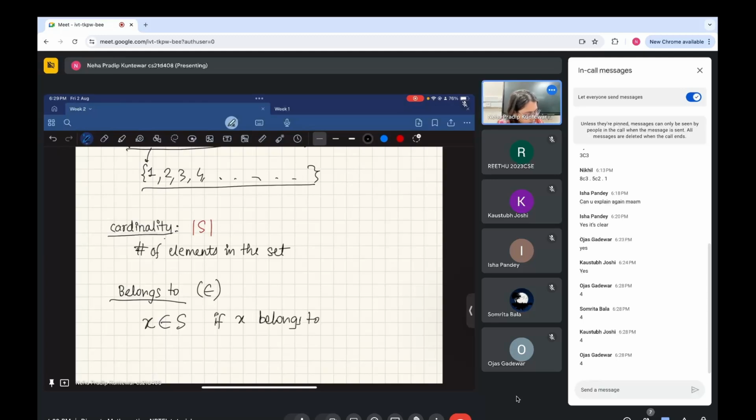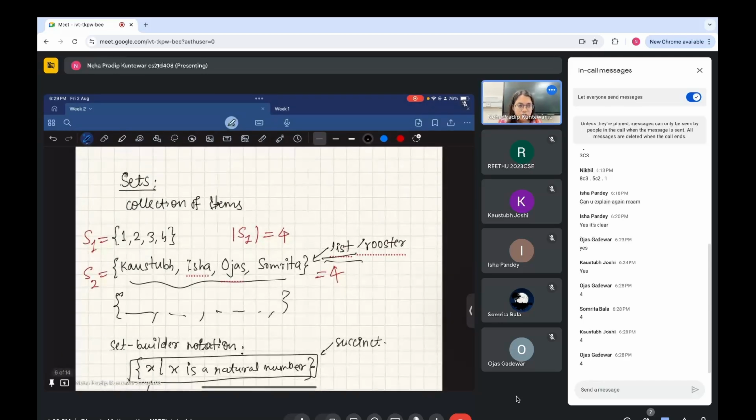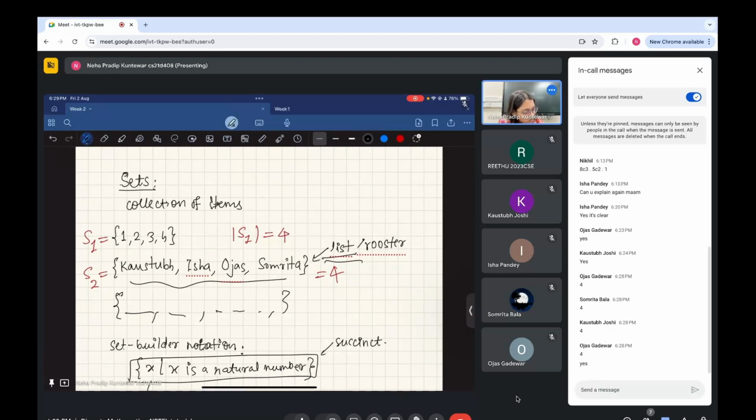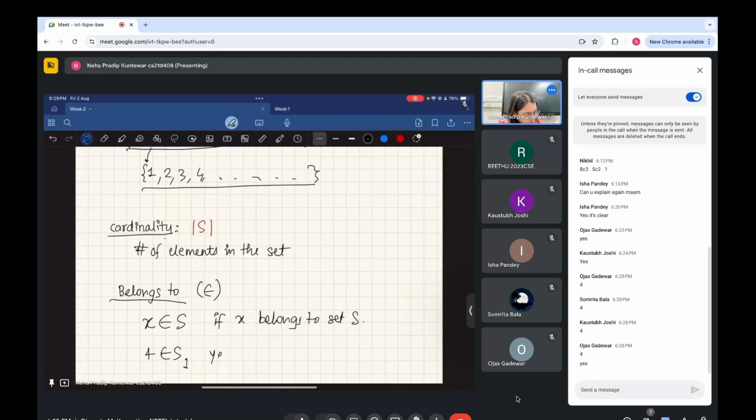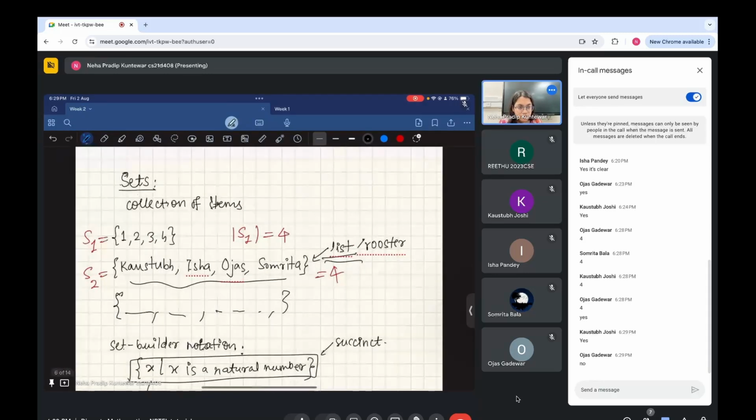So for example, in the set S1, is 4 contained in S1? Yes. So the answer is yes, and this will take a Boolean value of true. And let me ask, is 5 contained in the set S1? No. So 5 is not in the set, and this expression will take a value of false.